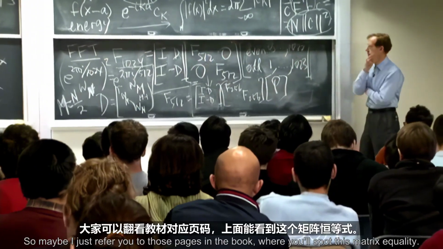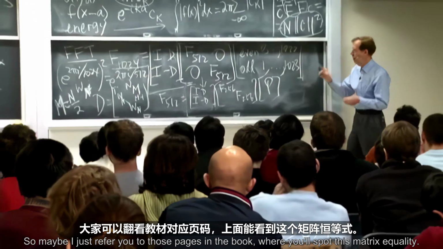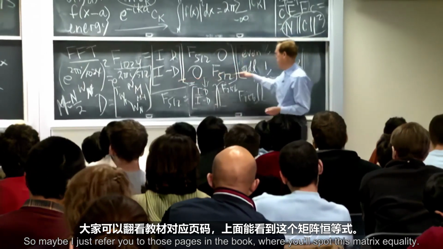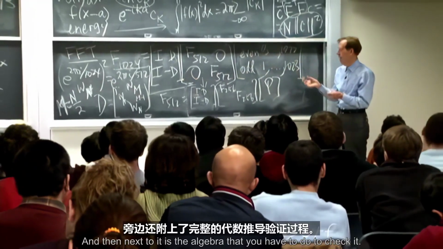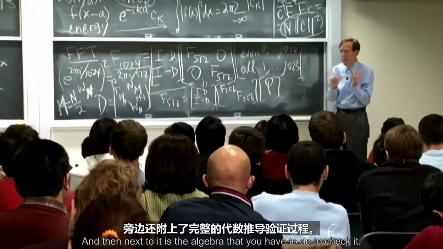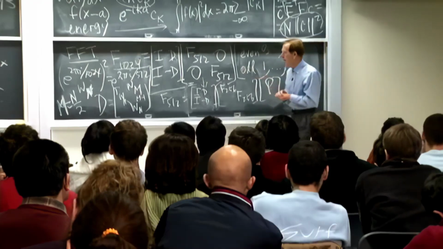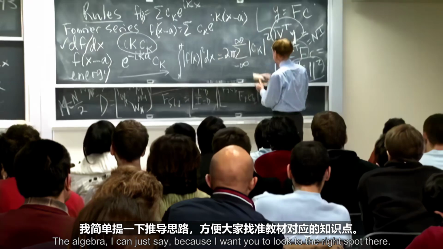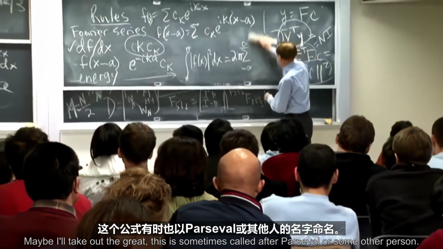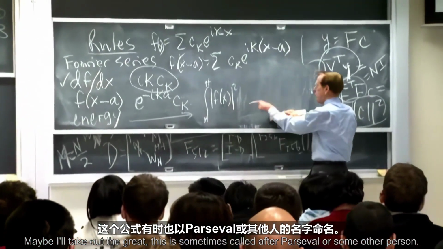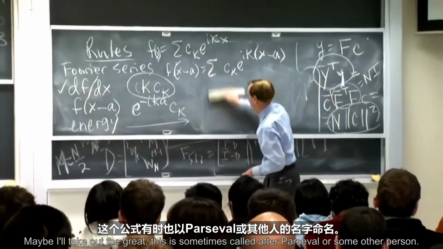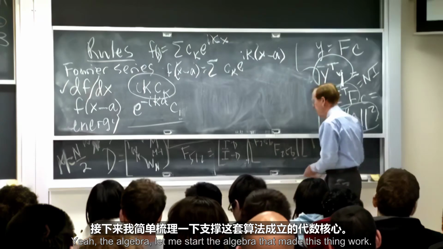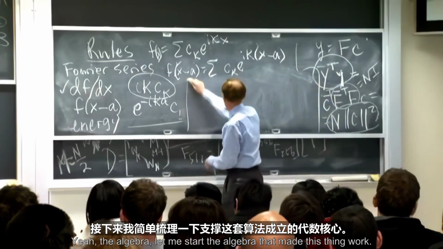So maybe I just refer you to those pages in the book, where you'll spot this matrix equality, and then next to it is the algebra that you have to do to check it. I want you to look to the right spot there. This is sometimes called after Parseval or some other person. Let me start the algebra that made this thing work.